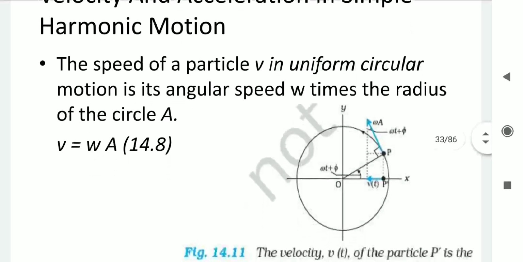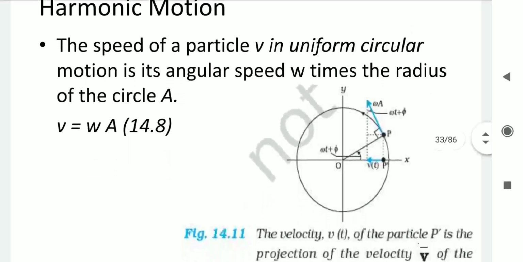So we can define v equals omega a. The direction of velocity at time t is along the tangent to the circle at that point. Here the instantaneous velocity is projected at P dash onto the reference axis, the plus x-axis.